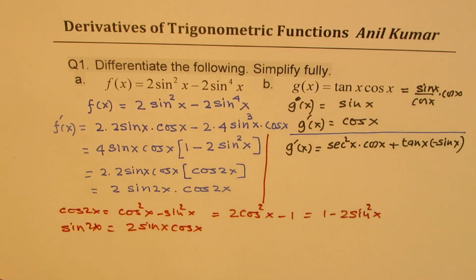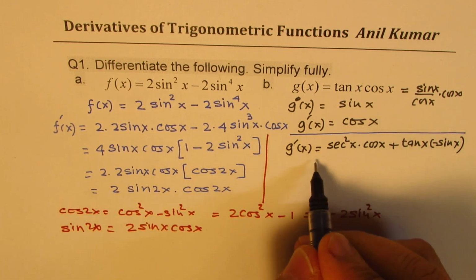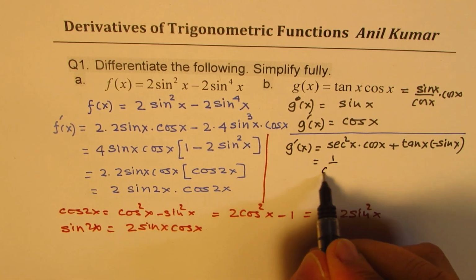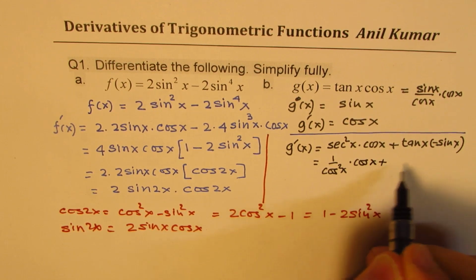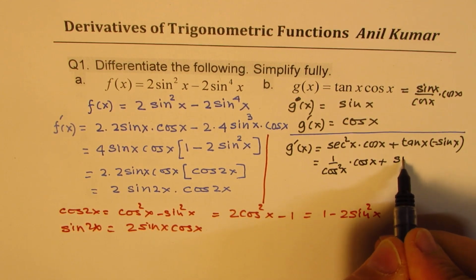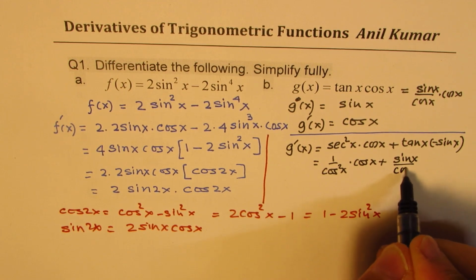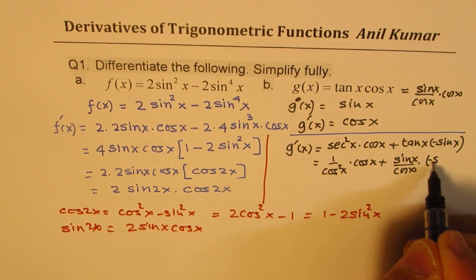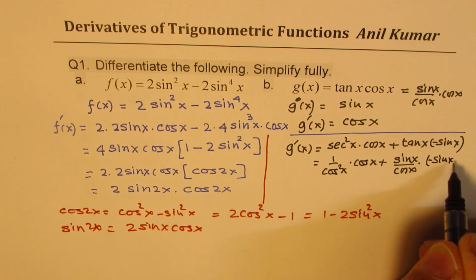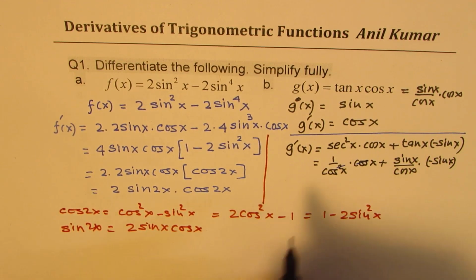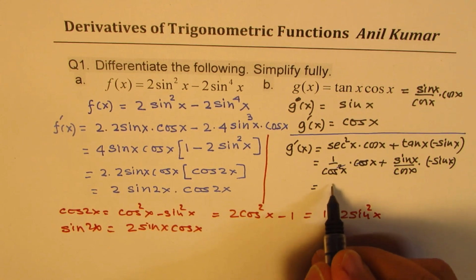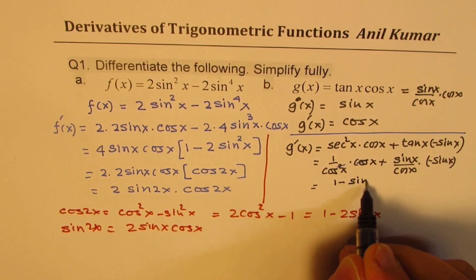So that is the derivative of cos x. Now secant square x is 1 over cos square x times cos x, plus tan x is sine x over cos x, and this is, I should have written minus here. Okay. Now as you can see, one of these cos cancels. We have cos in the denominator, and the numerator is 1 minus sine square x, correct?